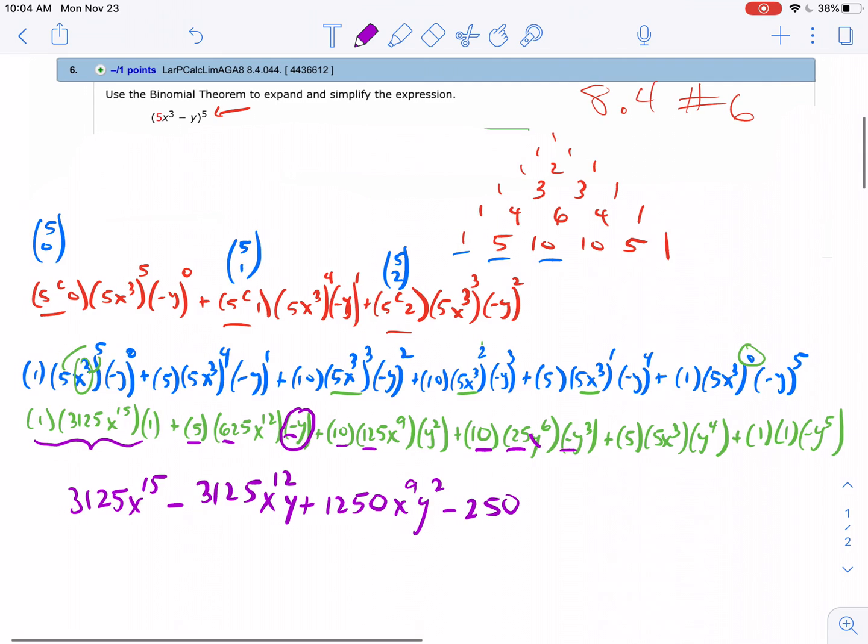Oh, and this was supposed to be an x. I wrote a y, I guess. So that's x to the 6th, y cubed. Then the last one, or second to last one, is 5 times 5, so that's 25x cubed, y to the 4th, and then just minus y to the 5th at the end.